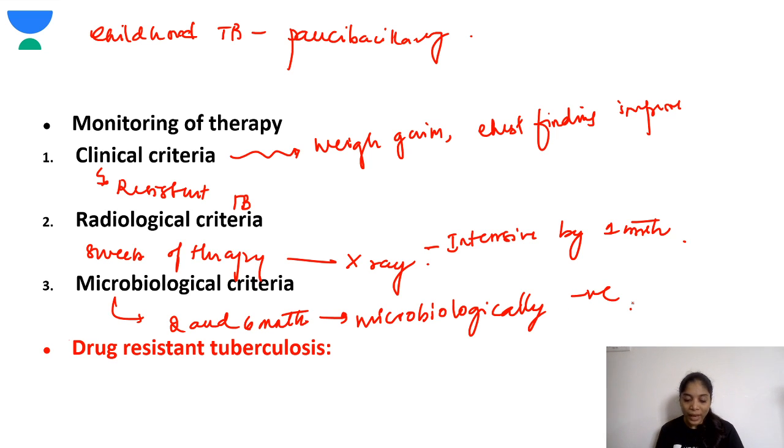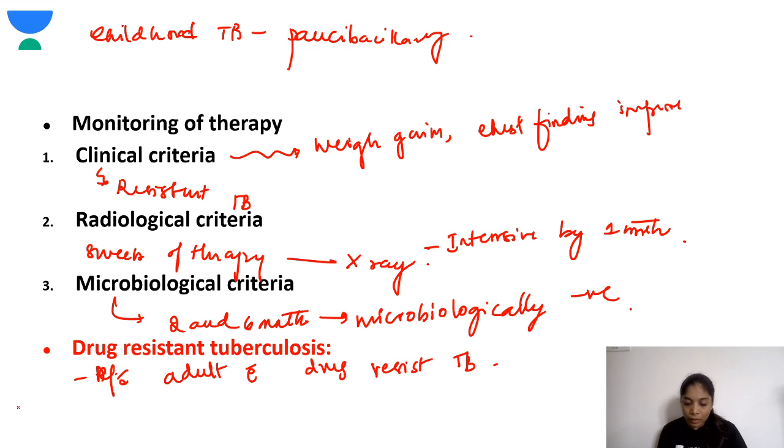Now, how do you suspect a child to have drug resistant tuberculosis? One is if the child has been in contact with an adult with tuberculosis who had drug resistant tuberculosis, then you should suspect. So, contact with an adult with drug resistant TB.